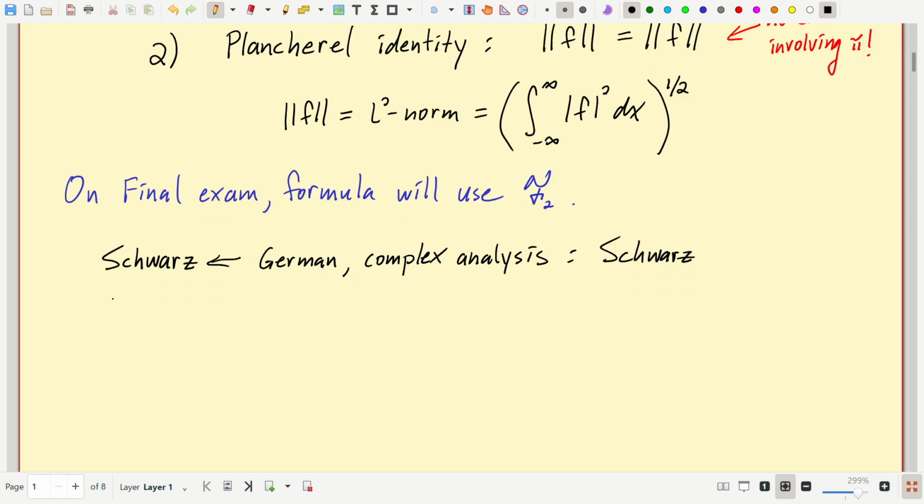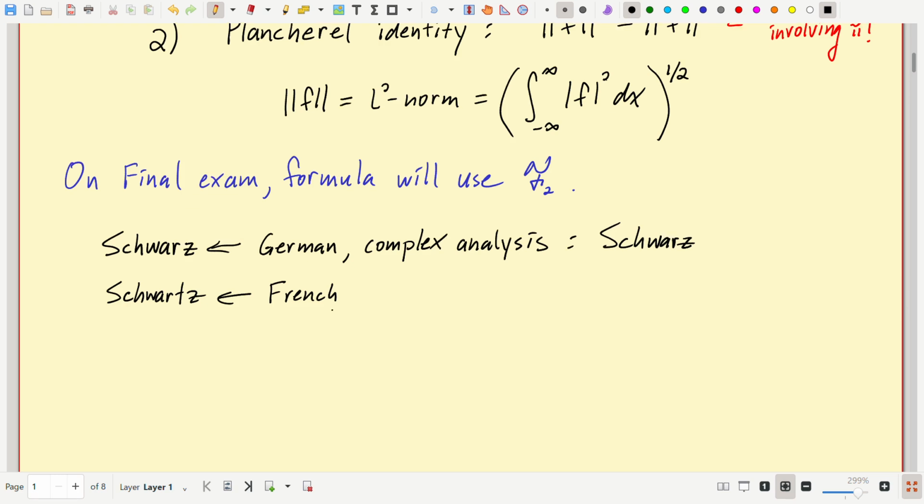But the Schwartz I'm talking about here today is with the tz. He's a French person. He had a breakthrough in discovering the theory of tempered distributions, which became very important in analysis and the study of partial differential equations.